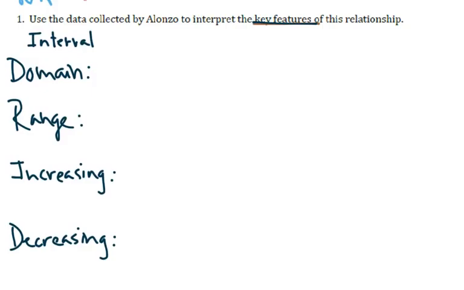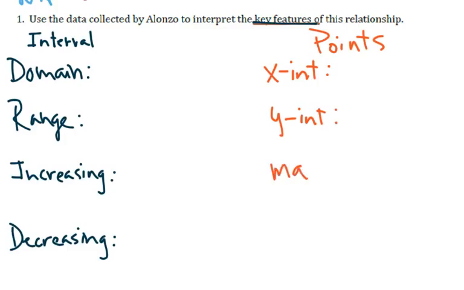We also have our points features. That would be the x-intercept, the y-intercept, if any, and the maximum or highest, the minimum or lowest point. Remember, with max and min, we're thinking about the y-axis, the output.